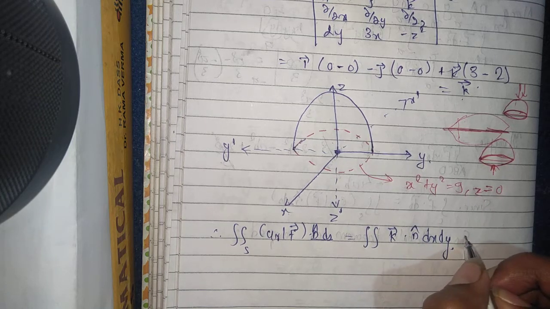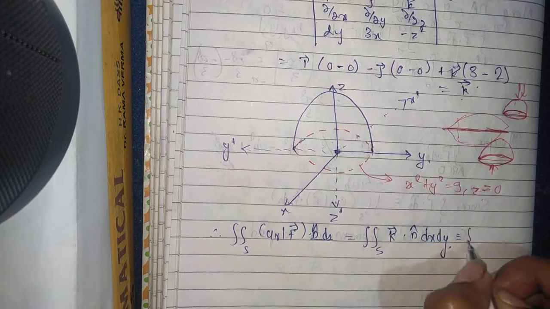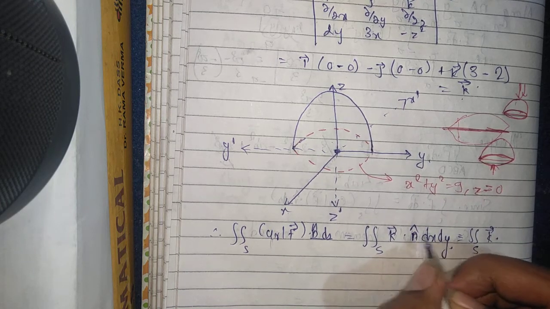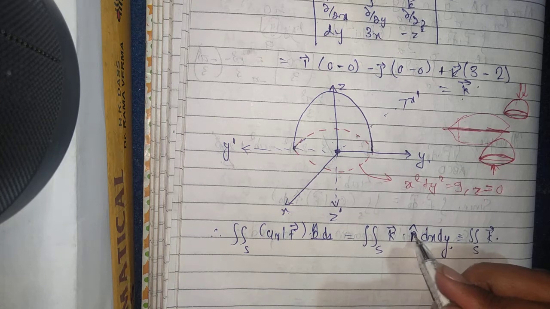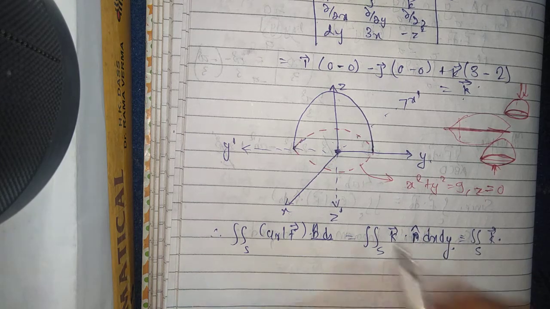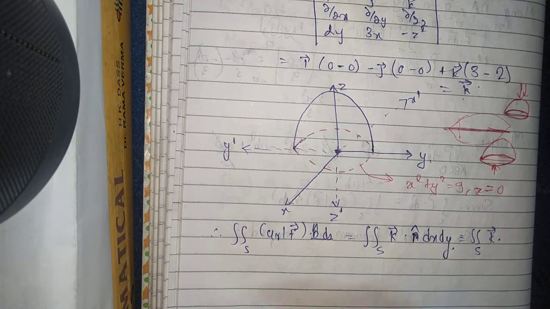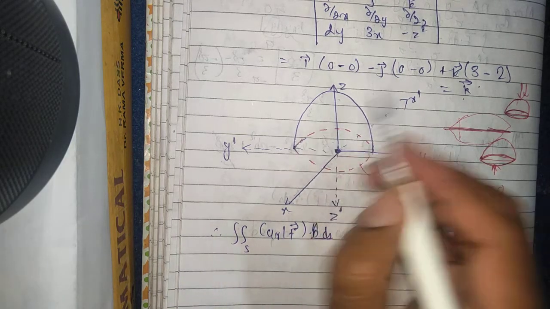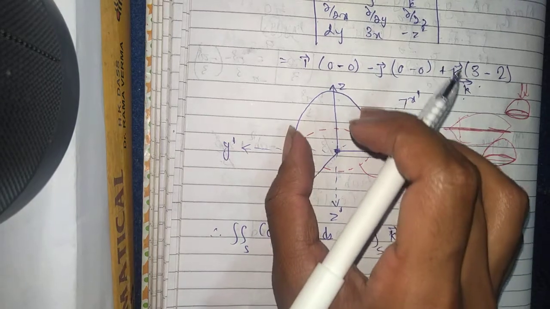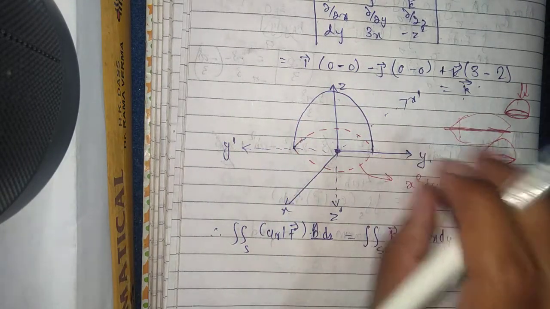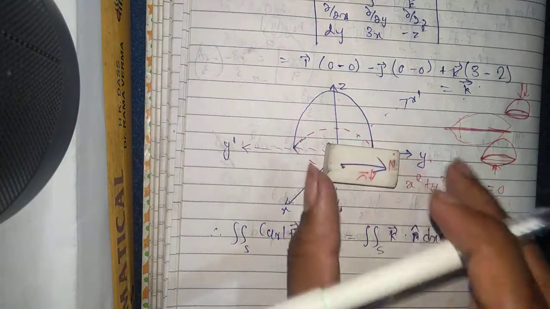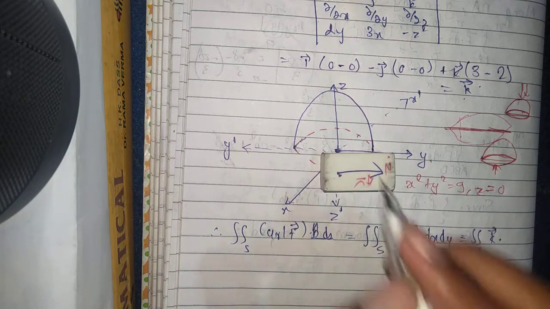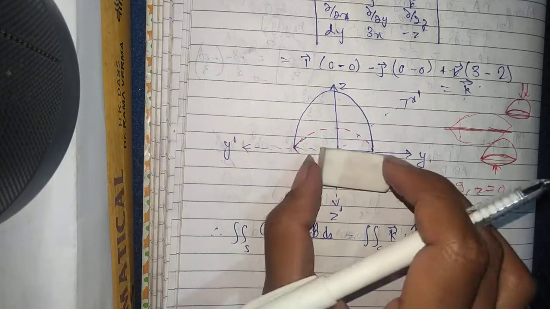Since n cap represents the outer direction normal to the surface, and the surface is, let us suppose, a lemon, and let it be on this paper like this.